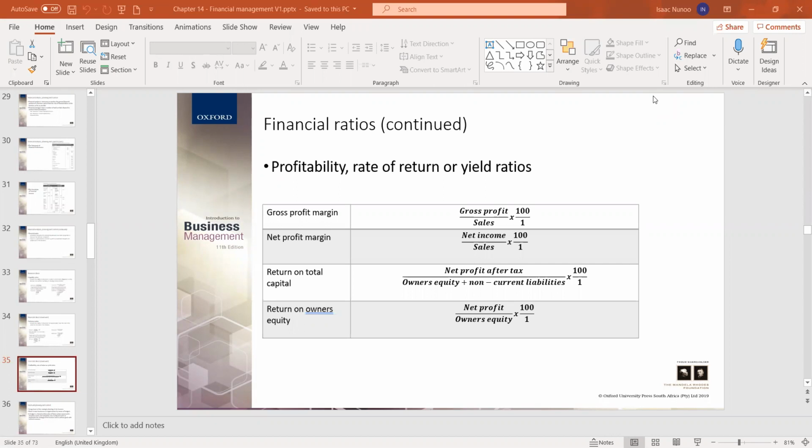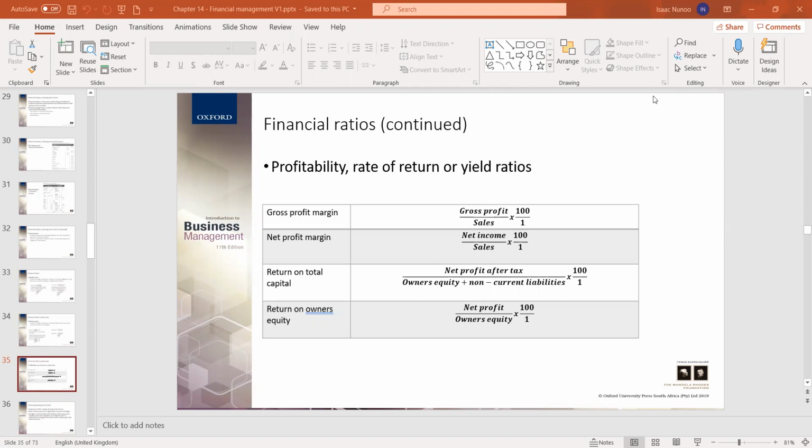The gross profit margin indicates how profitable sales have been. It gives an indication of the make-up percentage used by a firm. So it is the gross profit over sales times 100.